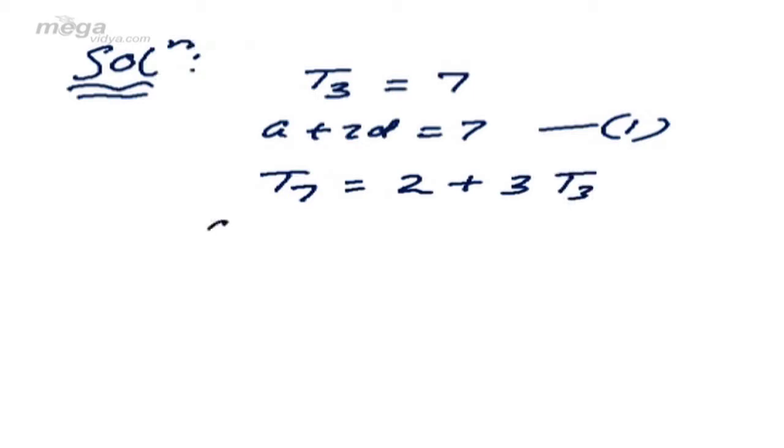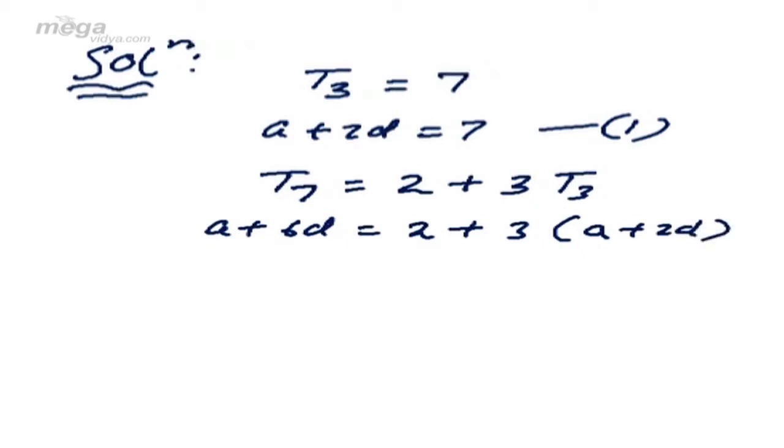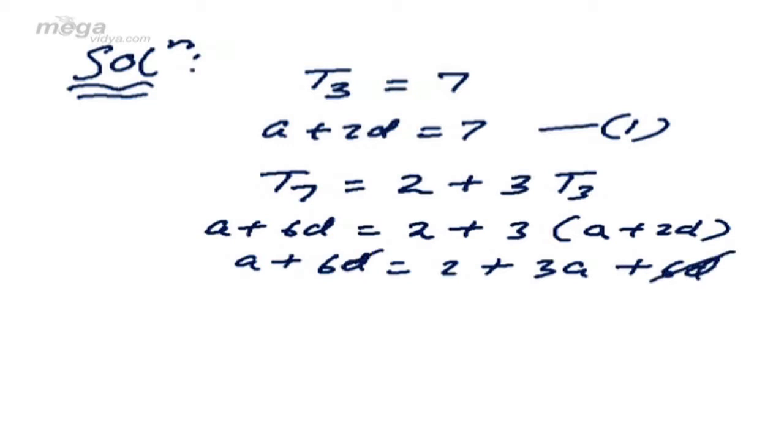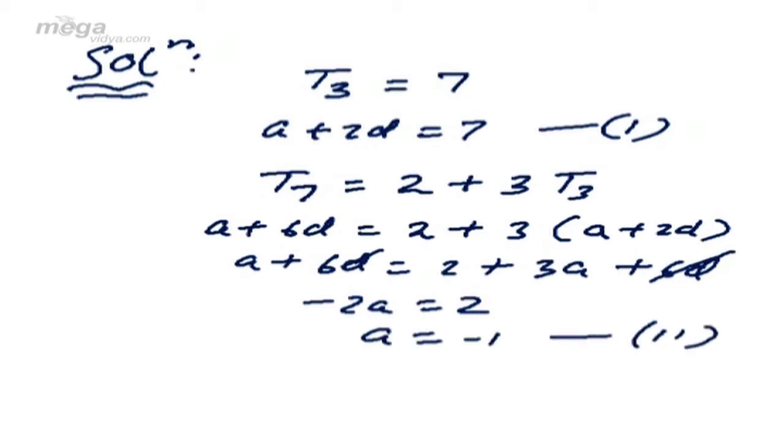That is, the seventh term A plus 6D is equal to 2 plus 3 into A plus 2D. Therefore, we get A plus 6D is equal to 2 plus 3A plus 6D. This and this get cancelled. We get minus 2A equal to 2. It means A equal to minus 1. This is the second equation.